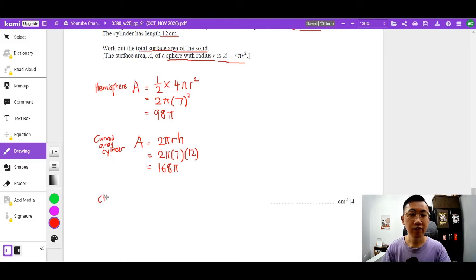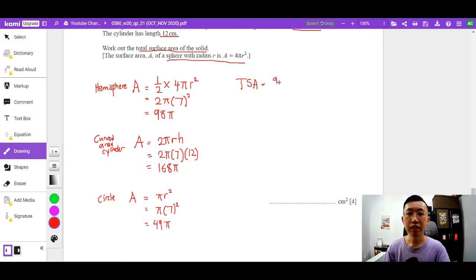Finally, you have a circle at the bottom. The area is pi r squared. This formula you also need to memorize. So pi, radius 7 squared, will get you 49 pi. For the whole total surface area of your solid, you can write TSA.